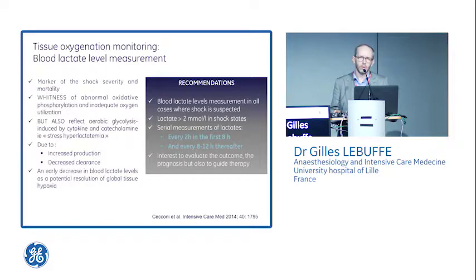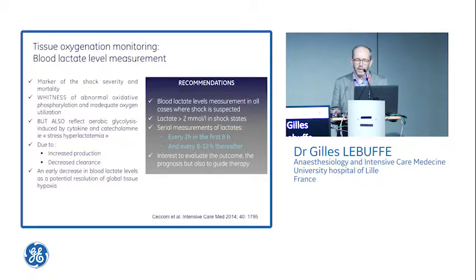And when your lactate decreases rapidly, it's good for the patient. This is the European intensive care recommendation regarding blood lactate. Blood lactate level measurement must be done for patients when you suspect a shock state. And a lactate greater than 2 millimole per liter is associated with a shock state. And so you have to repeat the measurement every 2 hours in the first 8 hours and after 8 to 12 hours thereafter.